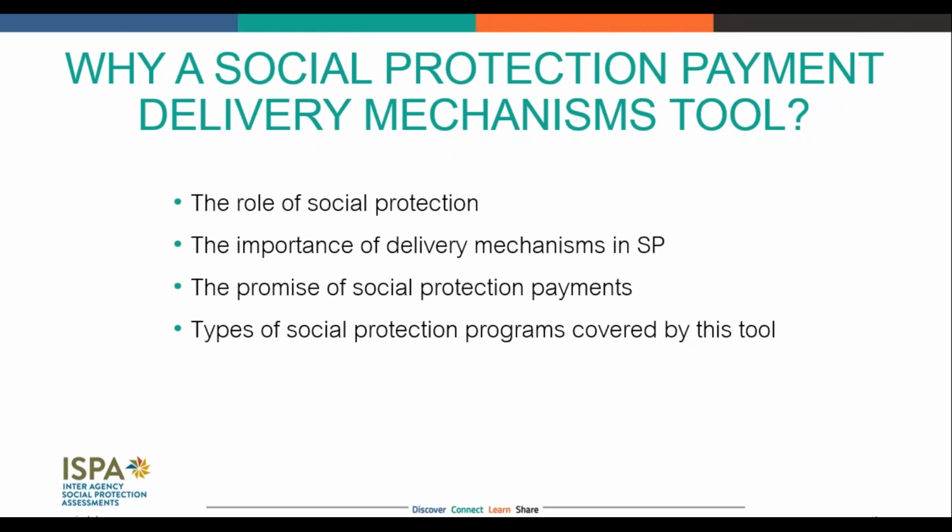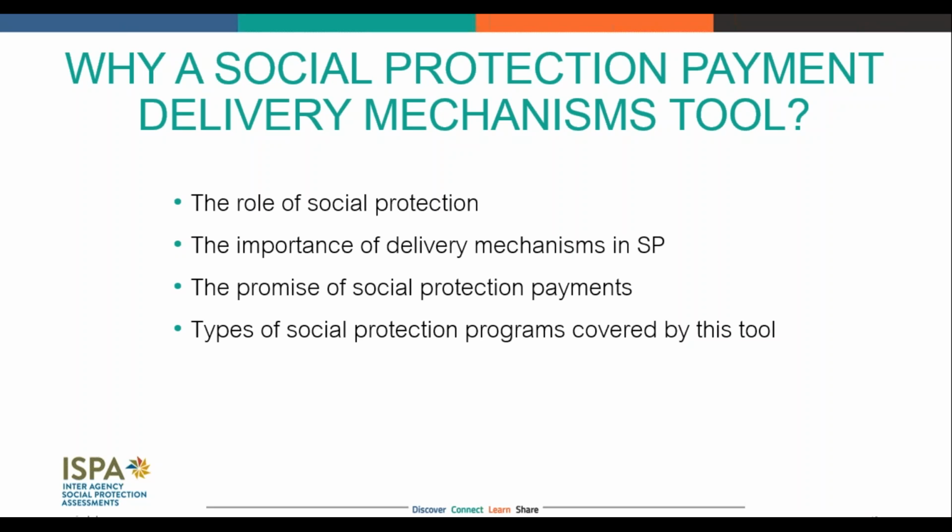So this is the function and the purpose of social protection, but it's very important to realize that these programs don't only have to have the correct design, they also have to be delivered properly.